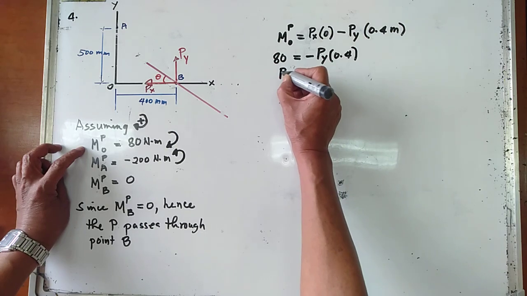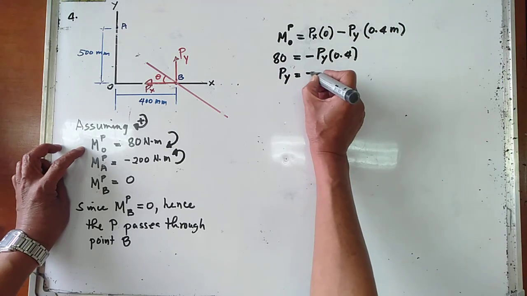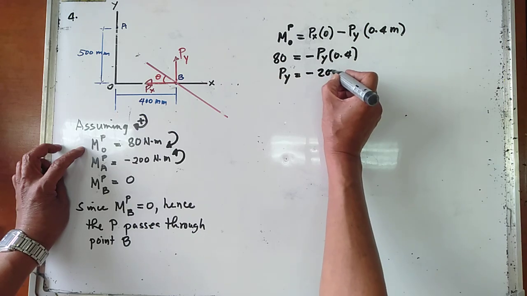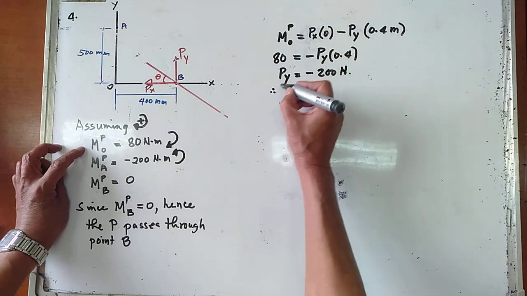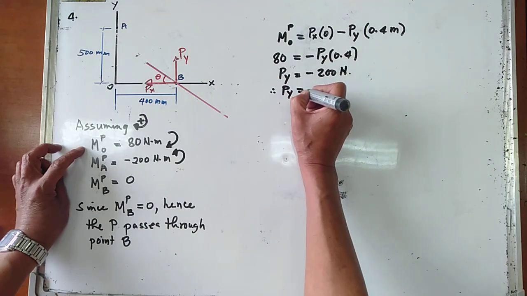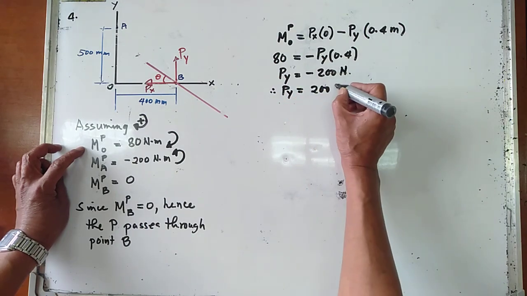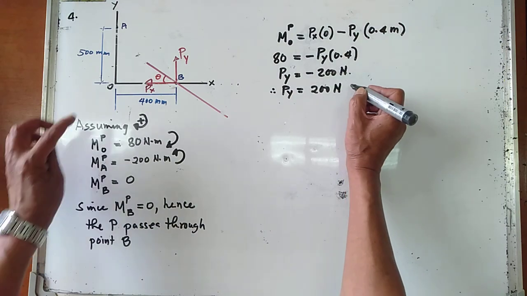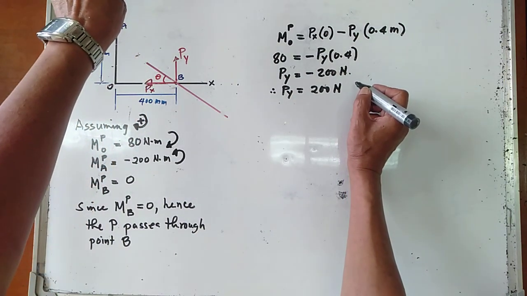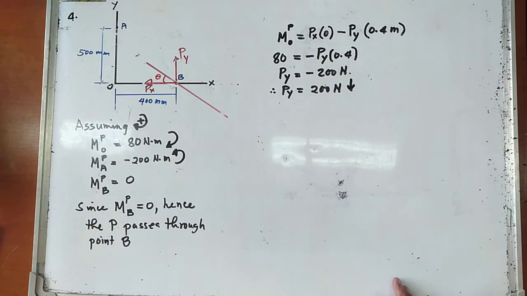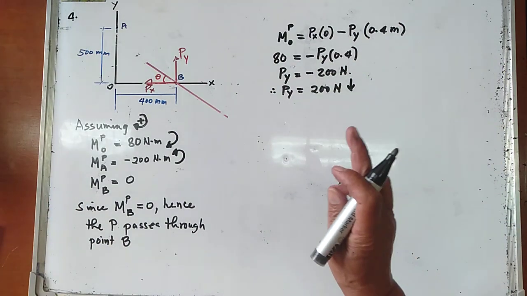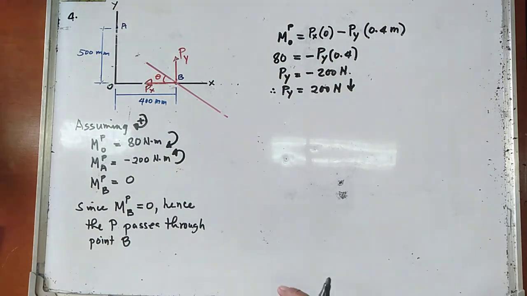So Py is equal to negative 200 newtons. We assumed this to be going upward, therefore that is going downward, so that is negative 200 newtons.